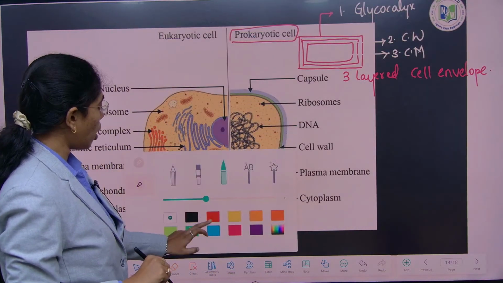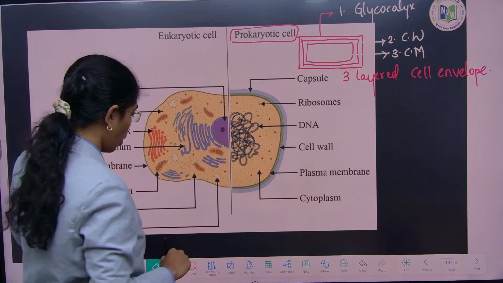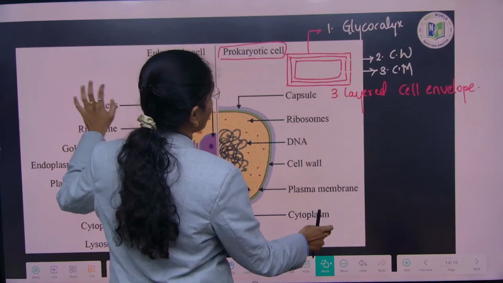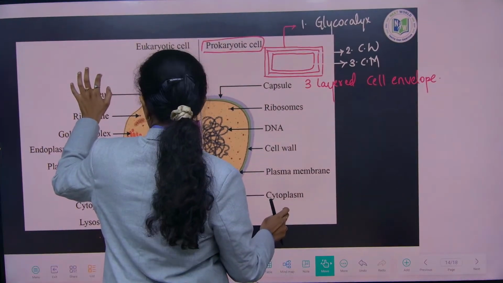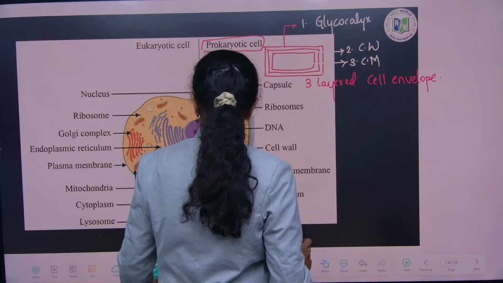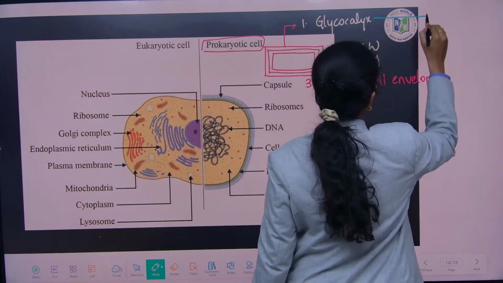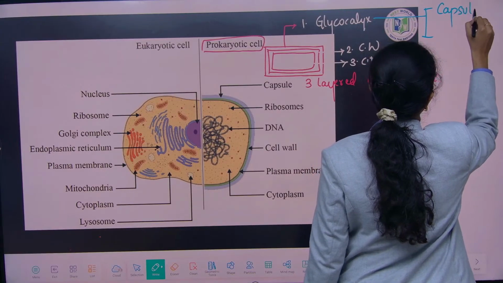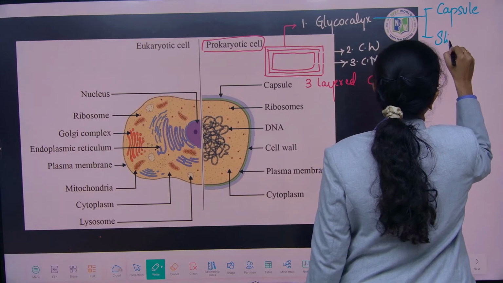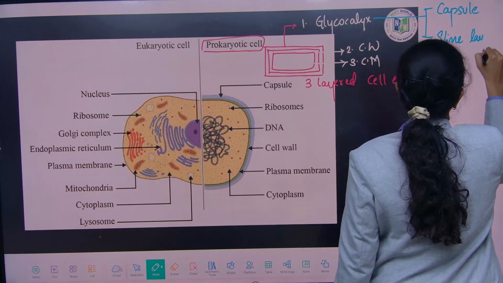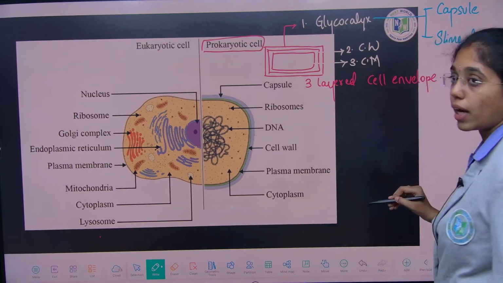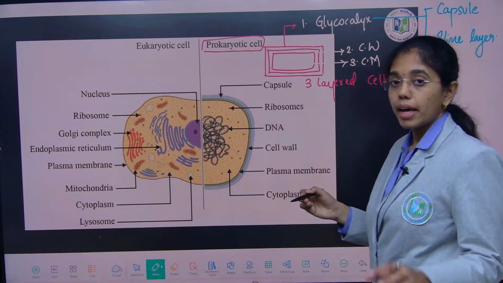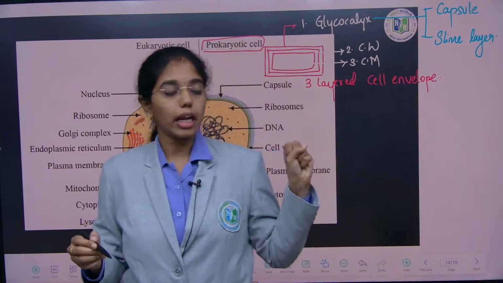Glycocalyx, based on the composition, can be in the form of capsule or slime layer. Fine, right? If the composition is thick, that forms a capsule.